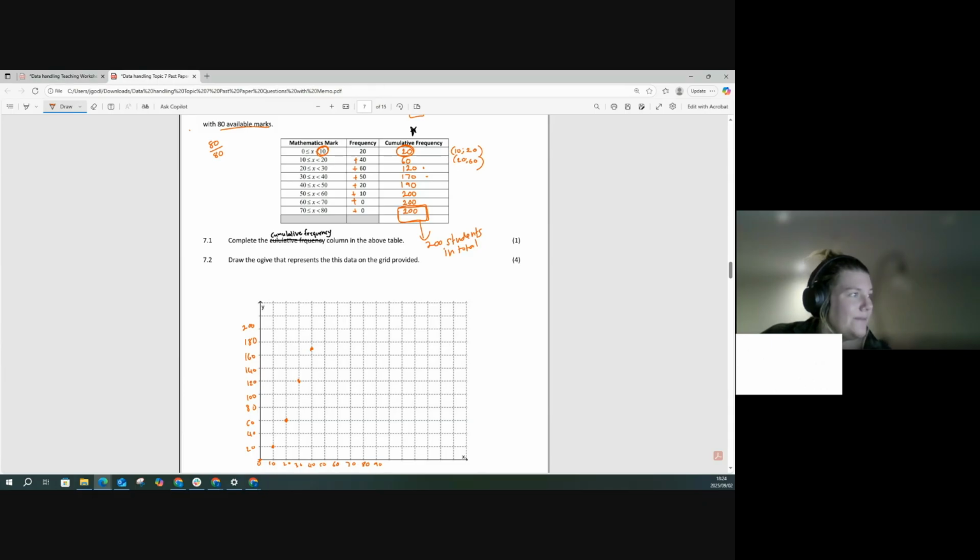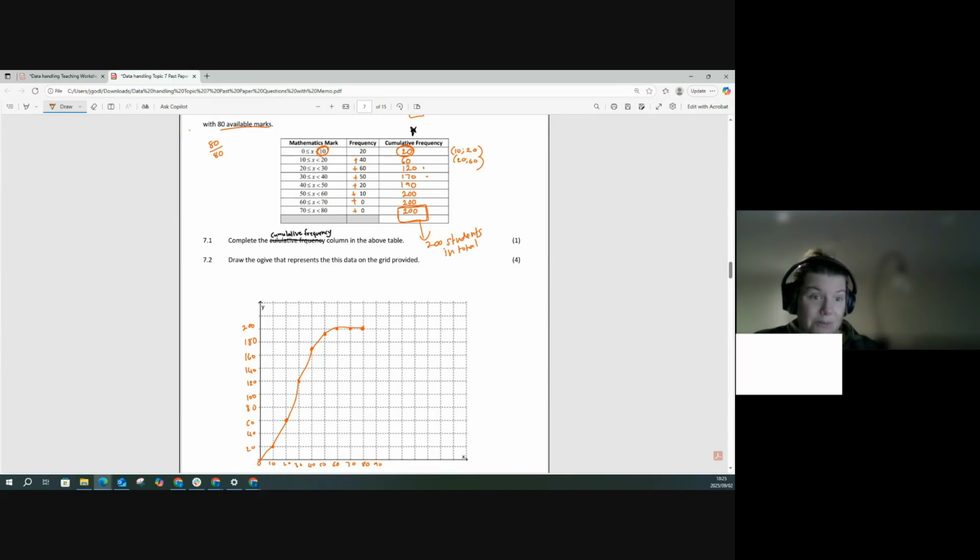Then I have 50 and 190. And 60 and 200, 70 and 200, and 80 and 200. And so then when I connect my dots, I should get a little S.